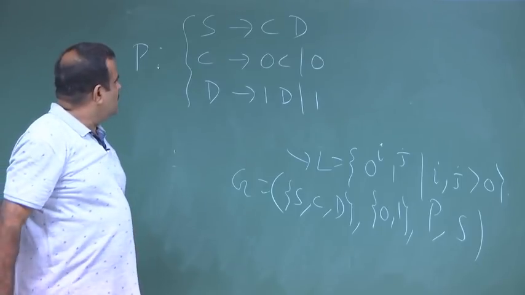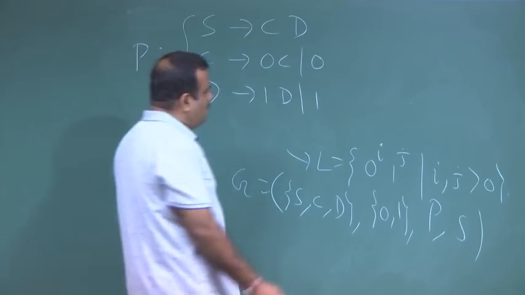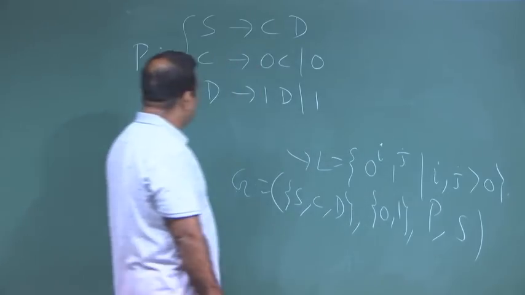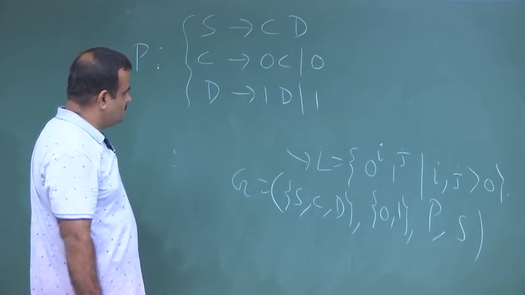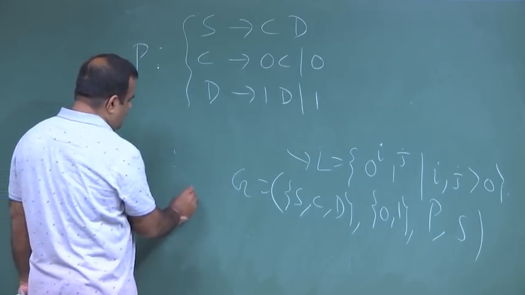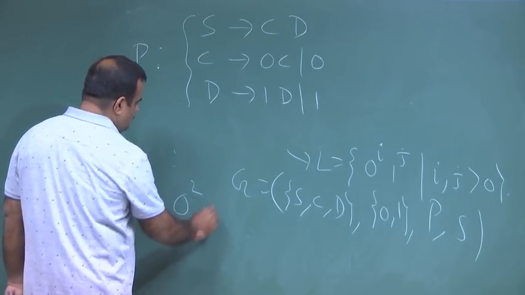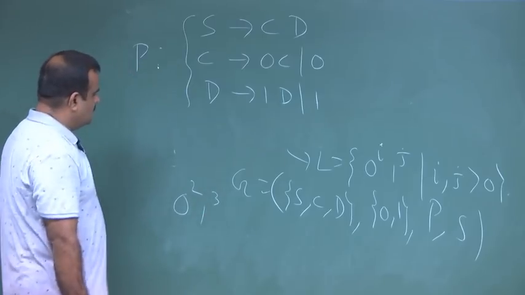If you take any string of this form which is a sentential form of this grammar, say 0 to the power 2 and 1 to the power 3, how do we get this?